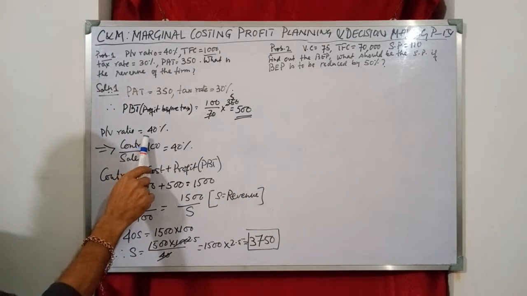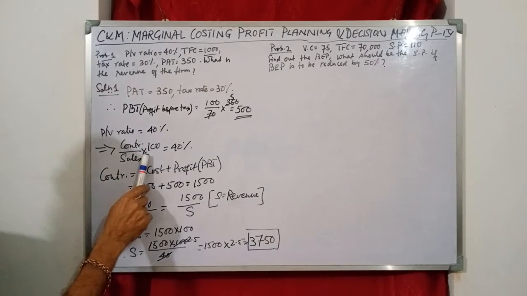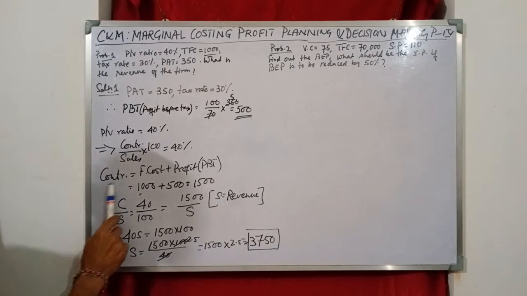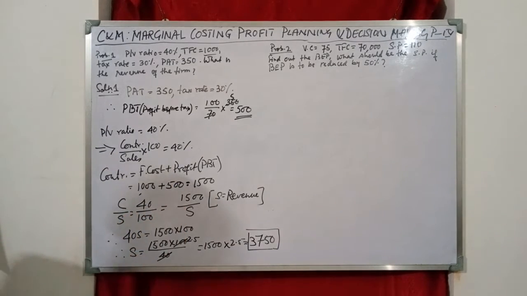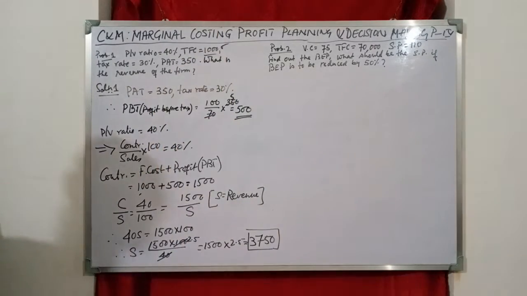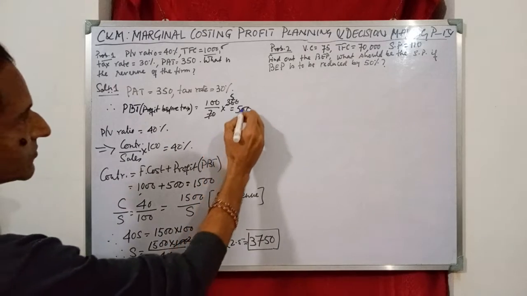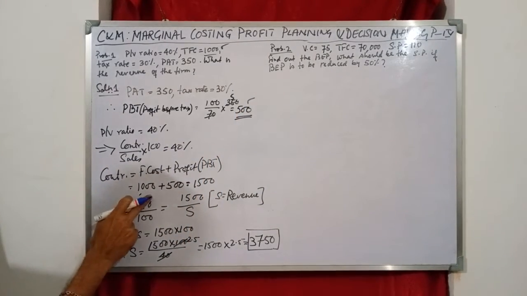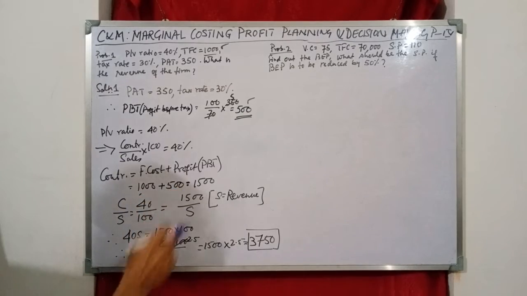Now PV ratio is 40%, therefore contribution by sales into 100 equals to 40%. Again, contribution equals to fixed cost plus profit. Fixed cost is given 1000 and profit PBT we have computed as 500. So contribution is 1500.